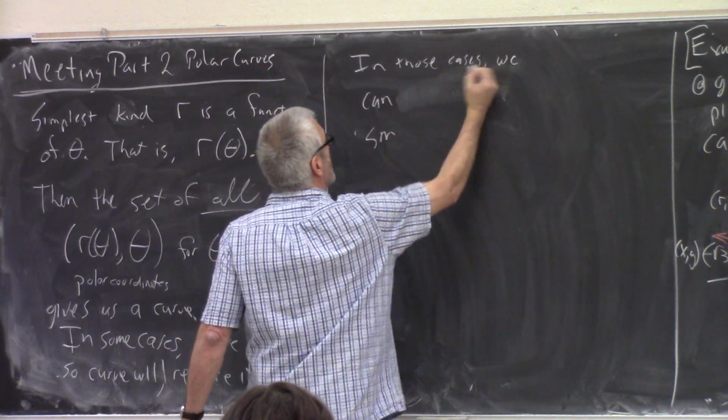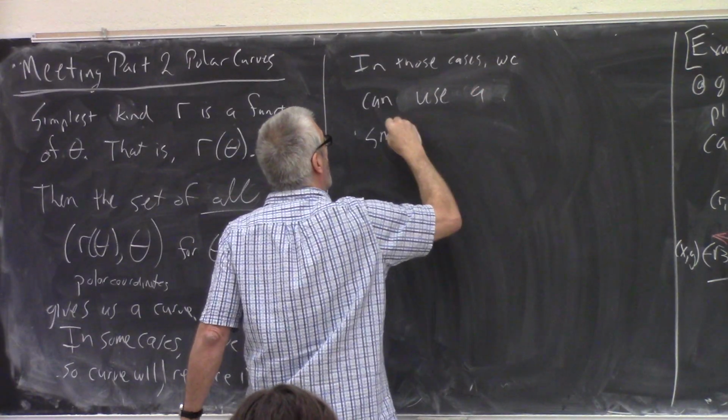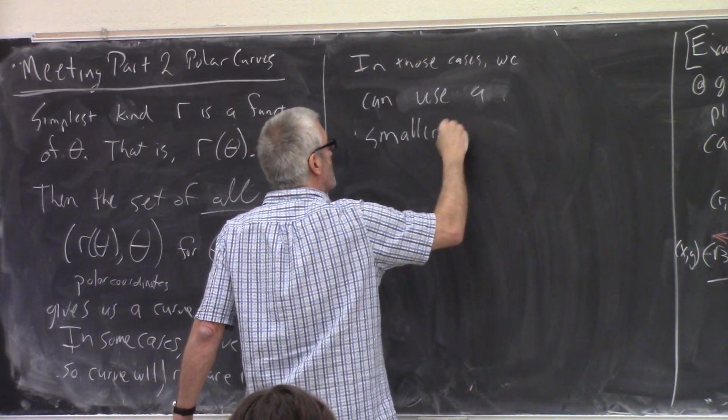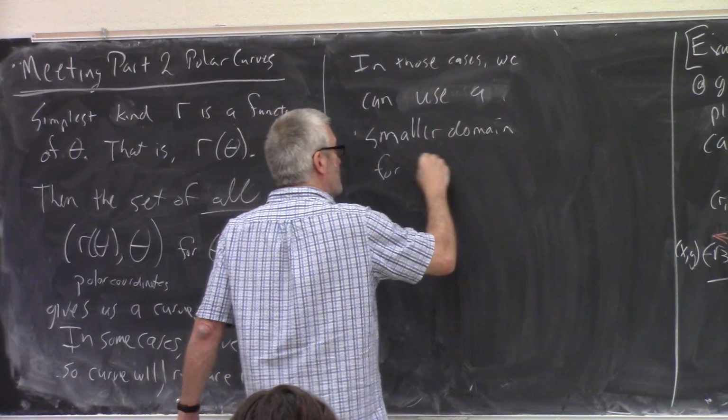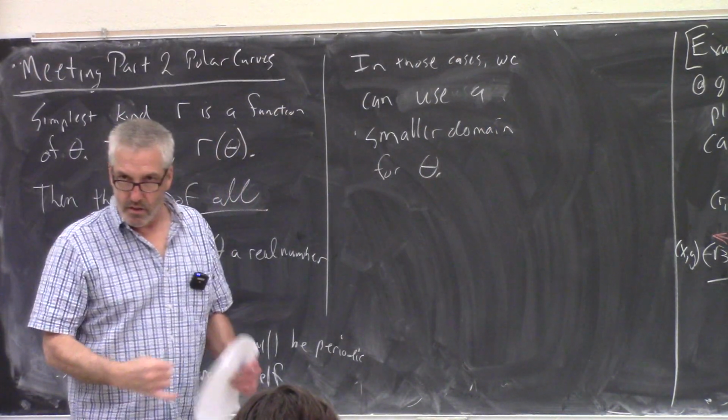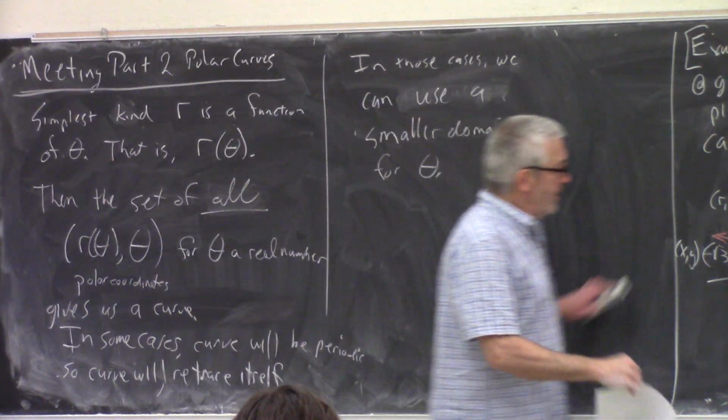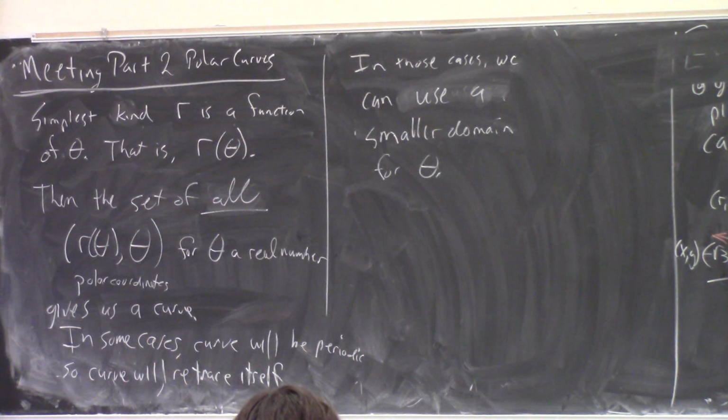We can use a smaller domain for theta. Now that sounds kind of vague, but I'm not going to try to explain it better because I'm just going to do some examples.